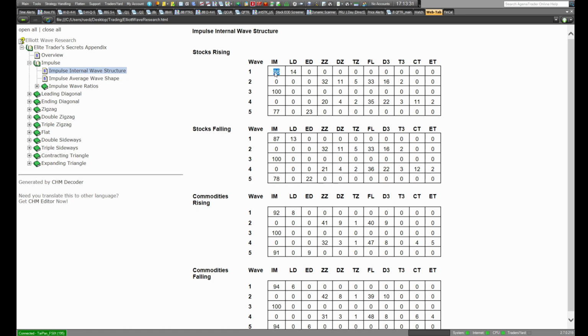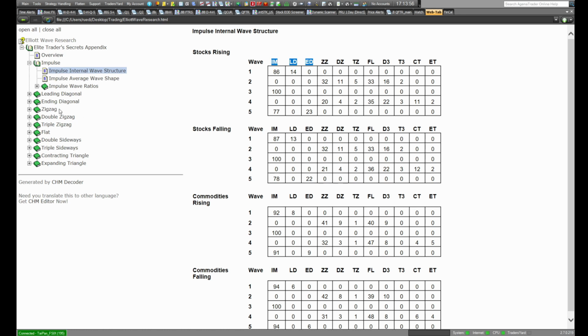So the good news, if you can see this in the beginning or that, both are impulsive moves. You remember the first three here: impulsive, leading, and ending diagonal. You can see all three are impulsive moves in the direction of the trend, and for all the other ones you can see here the short names.